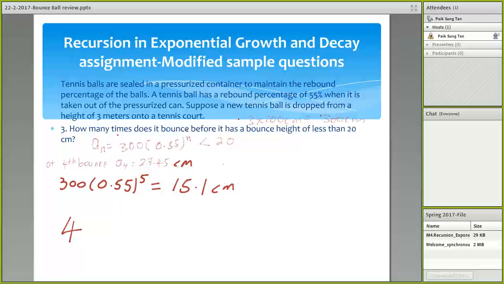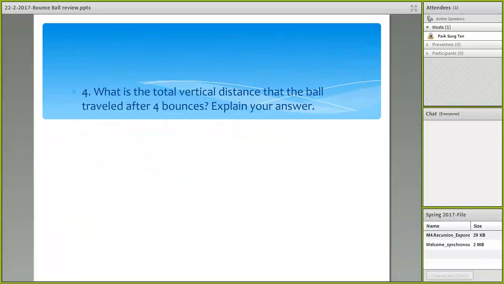So how many times does it bounce before it has a bounce height of less than 20 centimeter? It's 4 times. The fourth bounce is the last bounce that is above 20, and the fifth bounce is already below 20 centimeters. So it's 4 times.